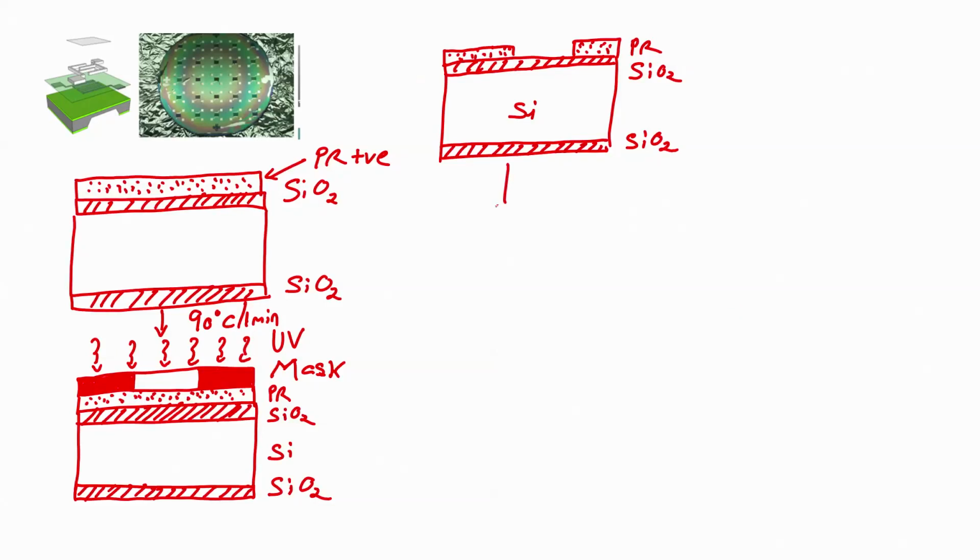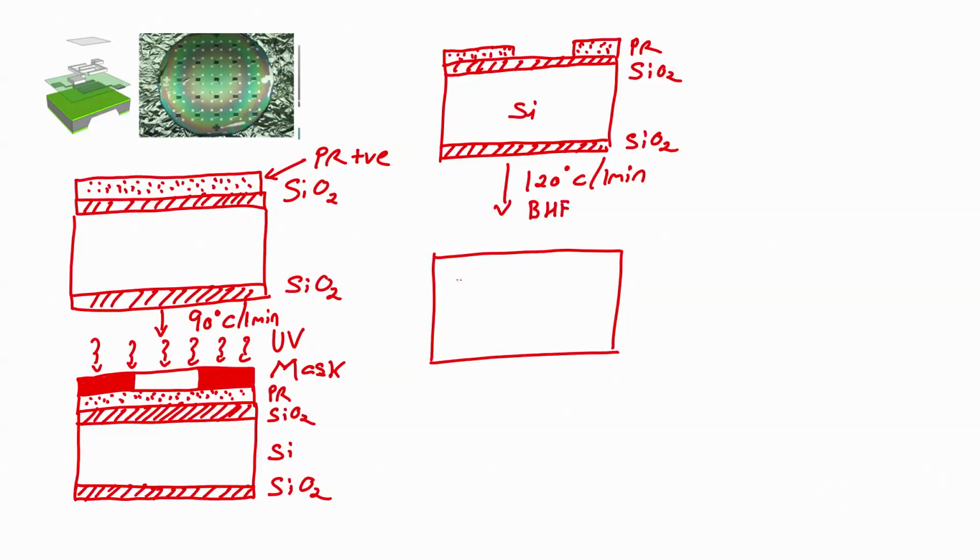After that, the next step would be hard bake. Again I am assuming that you know, but let us write it down one time. Hard bake. After hard bake, you have to dip the wafer in BHF. When you dip the wafer in BHF, silicon dioxide will get etched, right.